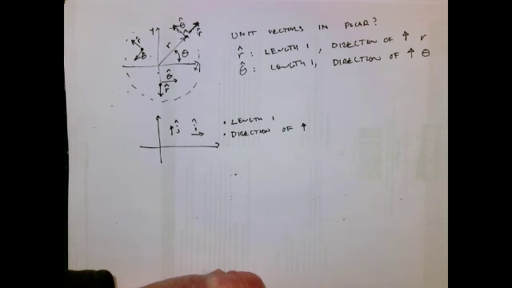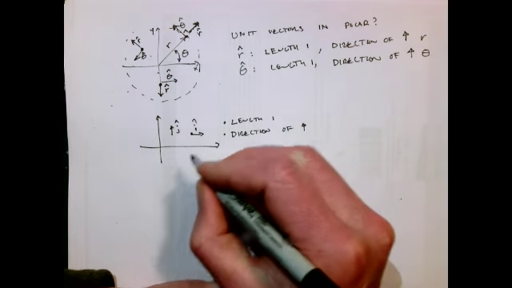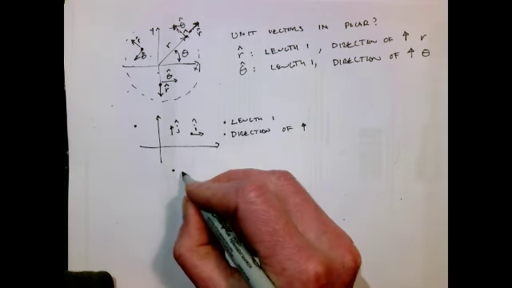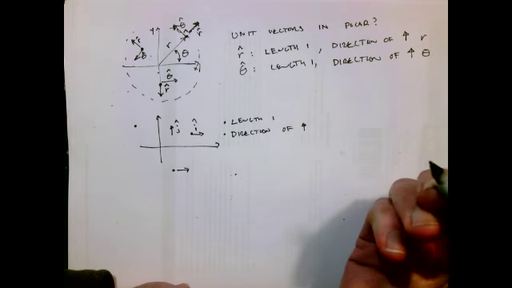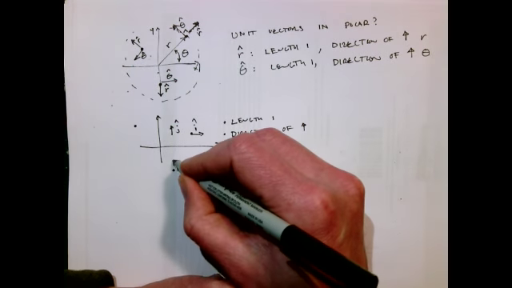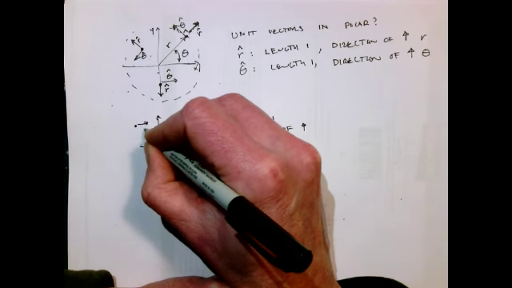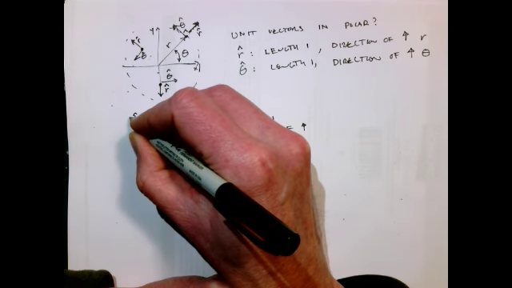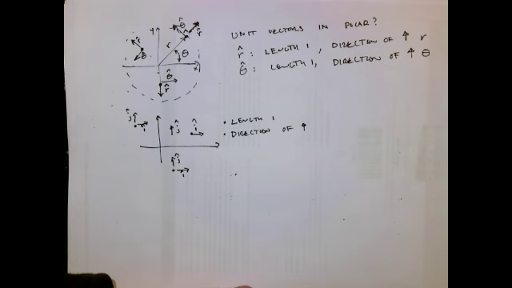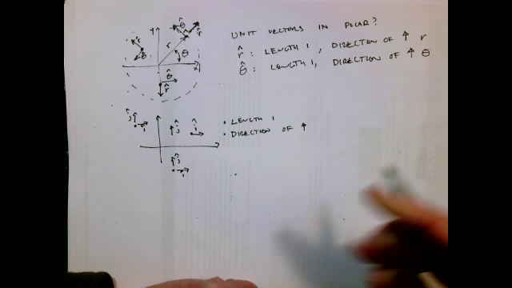So there's something pretty peculiar about unit vectors in polar coordinates as opposed to Cartesian coordinates, right? In Cartesian coordinates, whether I'm here or here or here, in each case, i hat points to the right, and j hat points up, right? The direction of the unit vectors does not change as you move around in space. In the polar coordinate system, that is not true. The direction of the unit vectors depends on where you are.